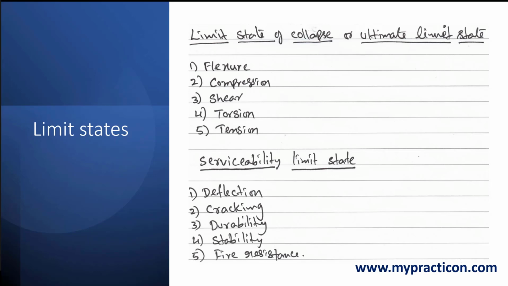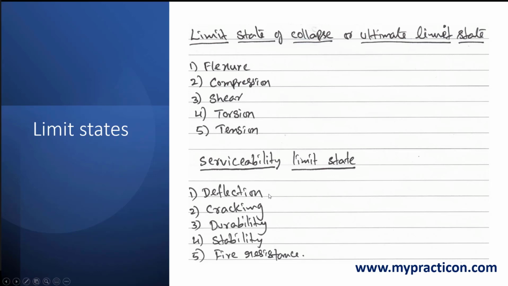The ultimate limit state covers the potential modes of structural failure, like failure due to yielding or rupture. Whereas the serviceability limit states are not strength based, but they still make the structure unstable and not able to be used for any function. For example, deflection.